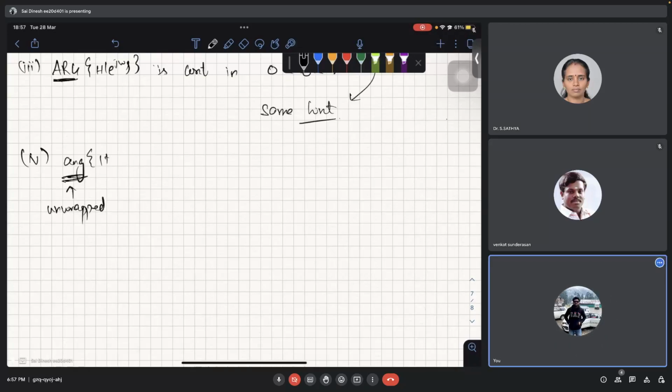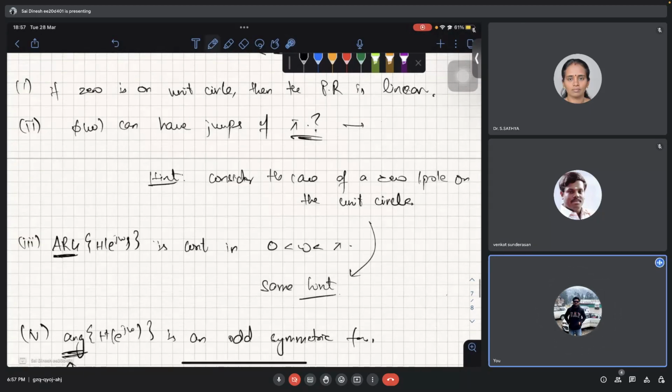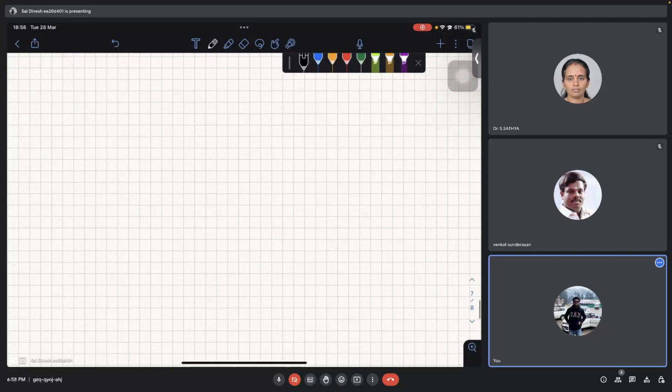And then H of e power j omega is an odd symmetric function. Consider the fact that, the hint is, h of n is real. So if h of n is real, is the phase response odd? So that's a hint, right?